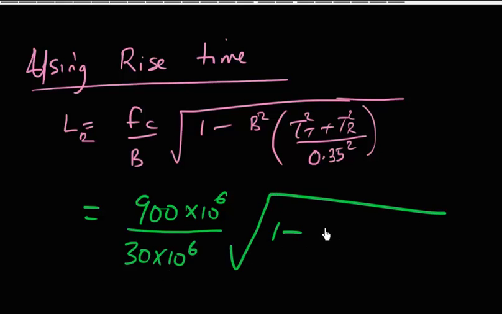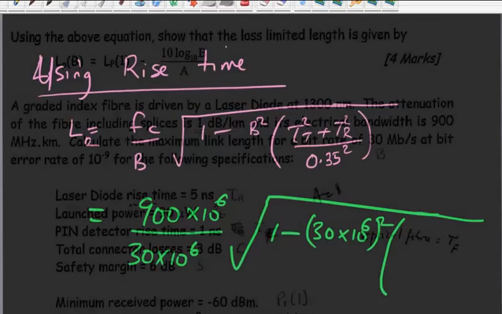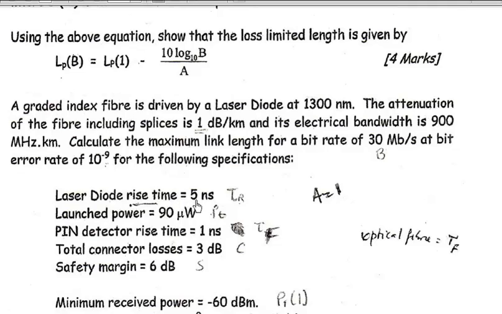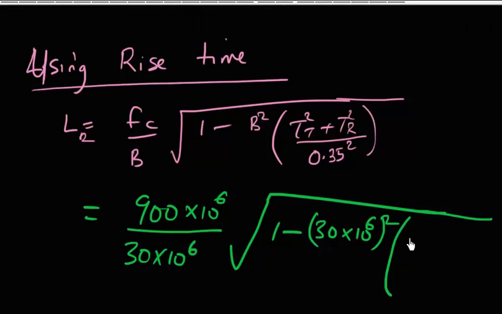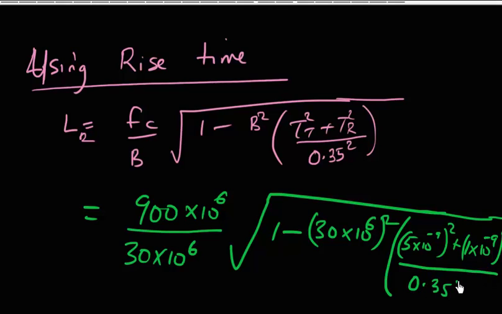Square root of 1 minus 30 times 10 to the power 6 squared, times rise time for the transmitter, the diode, which is 5 times 10 to the power minus 9 squared, plus for the receiver, 1 nanosecond, 1 times 10 to the power minus 9 squared, divided by 0.35 squared.